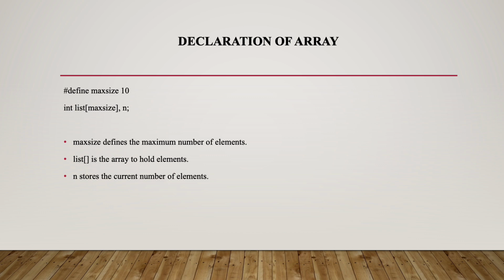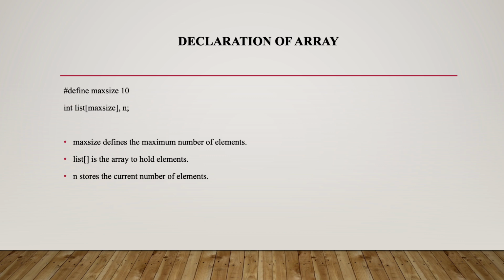The variable n is used to keep track of how many elements are actually stored in the list right now. Even though our array can hold 10 values, we might fill it with only 5 or 6 numbers, and that count is stored in n.